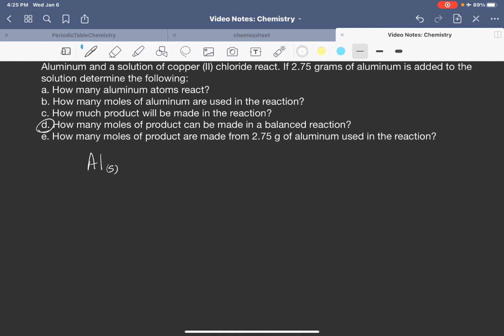So there's a solid plus our aqueous copper 2 solution, and then it would form some solid copper that would precipitate out, and then we would have our aluminum chloride solution as well that is formed, right? And then remember, we needed 3 times those 2 chlorines, 2 times these 3 chlorines, so there's 2 of these, and 3 coppers.